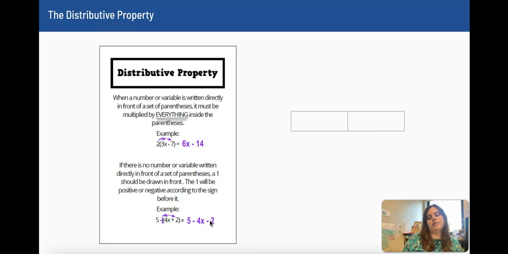Another way to look at this is called the area model. We can split this up and think of this because area is a length times a width. We can think of each of these things as a length. 3x minus 7 is the length, and the width is 2. So I'm multiplying these two things together.